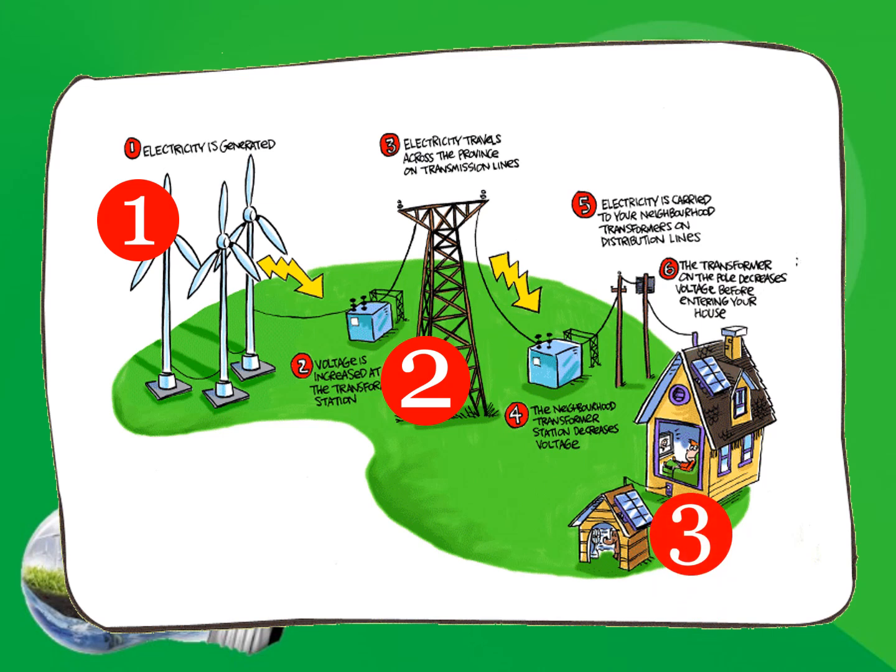When electricity reaches our homes, we can plug in any electrical device on our wall outlet so we can get the supply of electricity. Do you get it? Very good. That's great. Now put a hand on your shoulder and say good job.